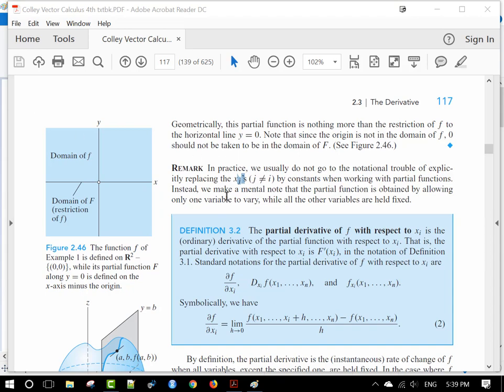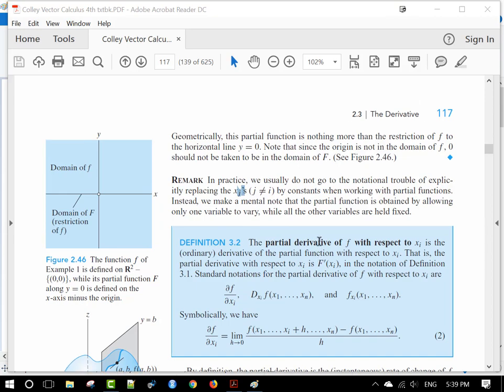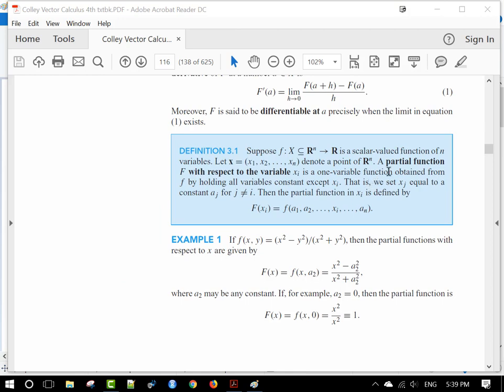Okay, so now this is kind of taking us towards talking about derivatives for multivariate functions, and we've taken a multivariate function and made it into a bunch of single variable functions, single inputs. So that's what this partial function does.